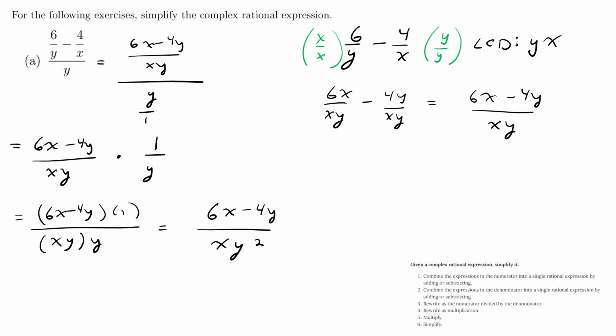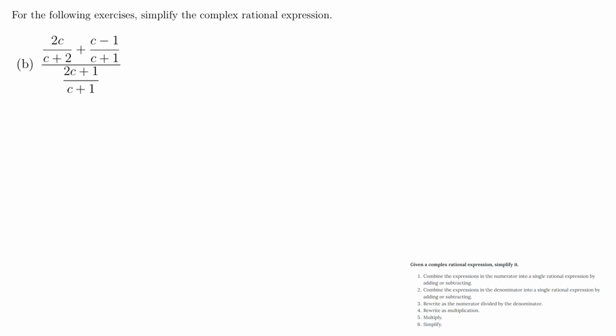All right, so let's take a look at another example. This one looks a little more complicated, but it's okay. Same idea, right? So I'm going to start with my first fraction, my numerator. So it's 2c over c plus 2 plus c minus 1 over c plus 1. Again, nothing is shared, right? So I'm going to have an LCD as the product of c plus 2 and c plus 1.